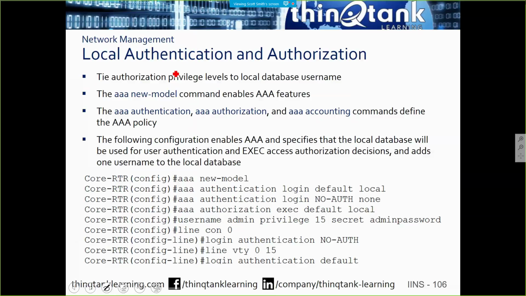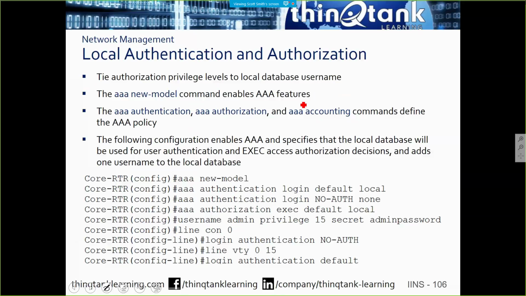Okay. And login local is no longer available. So it's very important that once you start to go down this path, that you configure everything with AAA, not just turning the feature on. All right. The AAA authentication command, AAA authorization command, and AAA accounting commands allow us to actually define our policies.